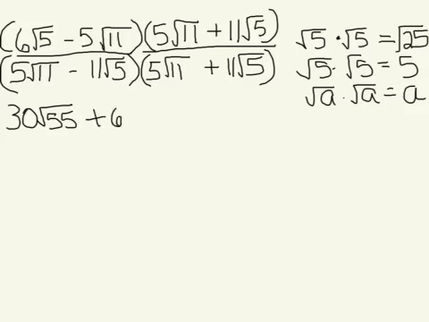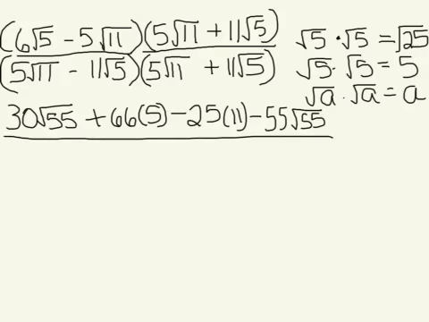But then you've got that property, root 5 times root 5 is just 5. So I'm just going to write it like that. And then on the inside, you can use that property again. 5 root 11 times 5 root 11 would be 25, and that's negative, times 11. And then last times last, we have negative 55 root 55.